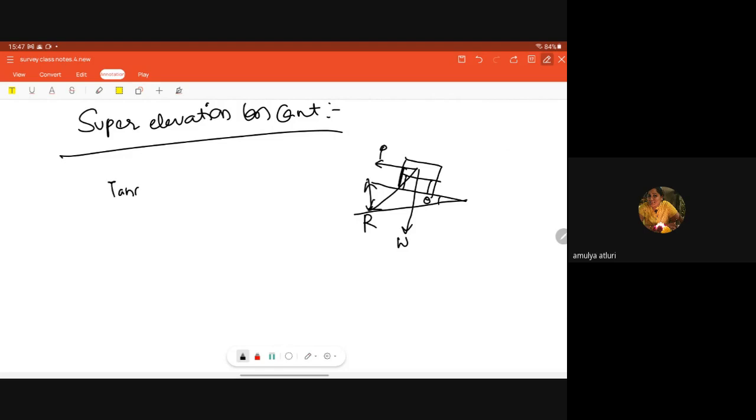So from this, tan theta is equal to P by W, right? We can write P as V square by RG. Let's take this distance as B, and from similar triangles, h by B. Then h is equal to B V square by RG.